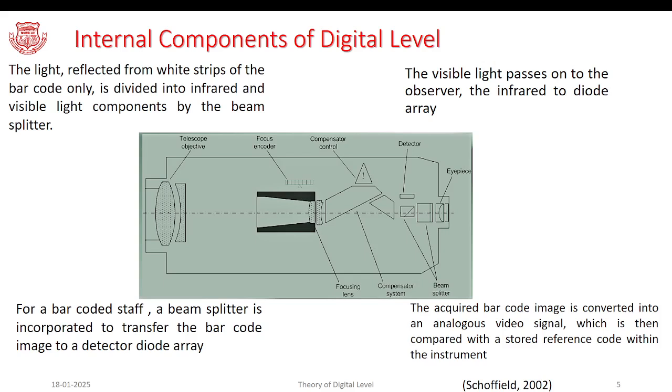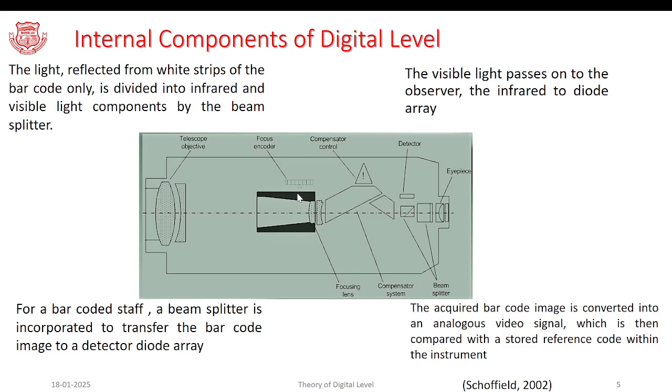For conventional equipment, we know how the telescope is designed through provision of objective glass, even certain focusing lens, certain compensating mechanism, the way we discussed about the autoset and the eyepiece.